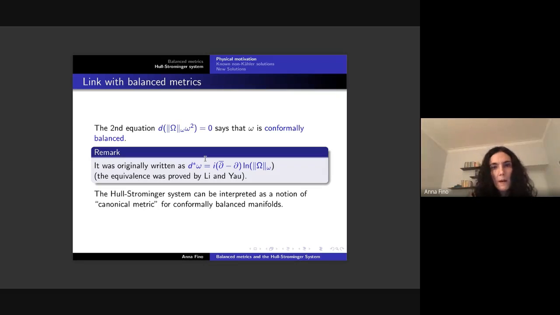So why I say now the Hull-Strominger system can be interpreted as a notion of canonical metric on a conformally balanced manifold, because in some sense you choose a positive (2,2) form which is closed, so it gives you a cohomology class, and then you impose some condition on the curvature, not only the curvature of omega, because it's coupled with a condition also involving the curvature of the gauge connection.